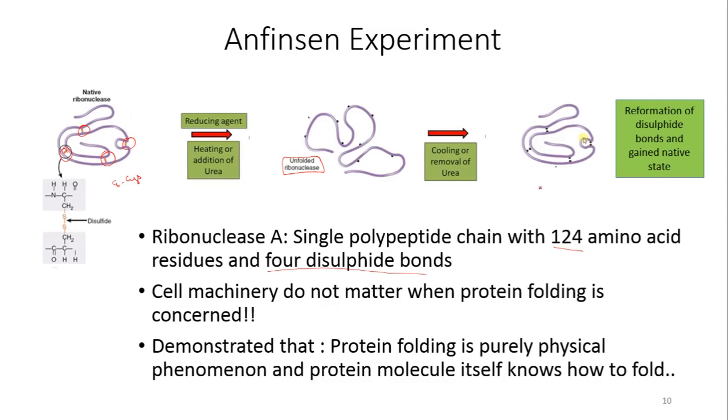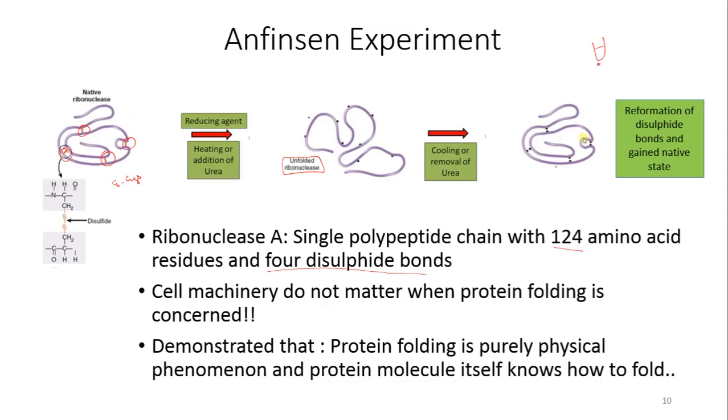After removing the reducing agent and the urea, he observed that there is reformation of these disulfide bonds, and the protein gained its native state and became functionally active again. All of this experiment was performed in a test tube, out of cells.